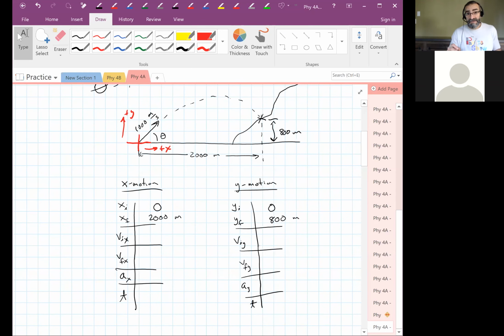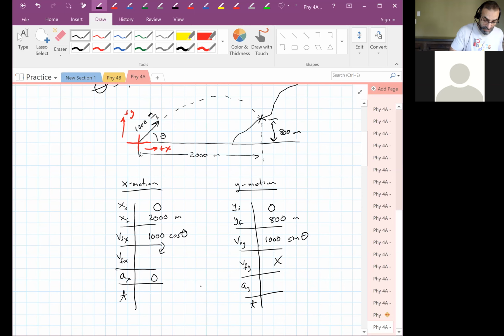At first, it seems like you have two unknowns here. You don't know V initial in the x, you don't know V initial in the y, but really there's only one unknown, and that's theta. So we'll write this as 1000 cos theta and 1000 sine theta. V final, we don't really care about.